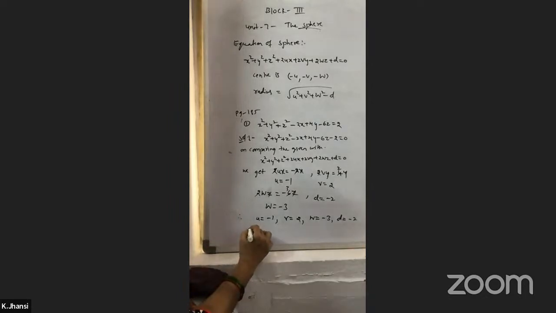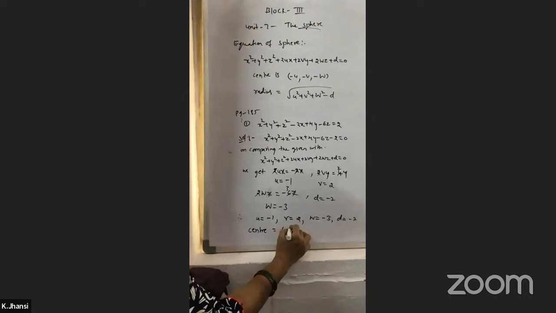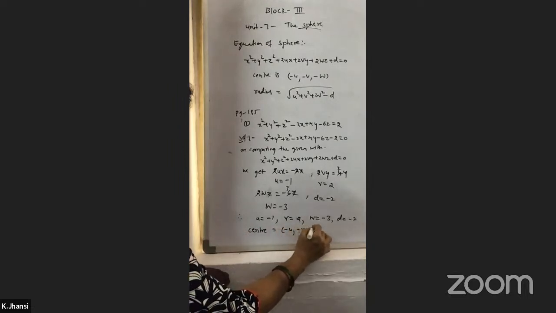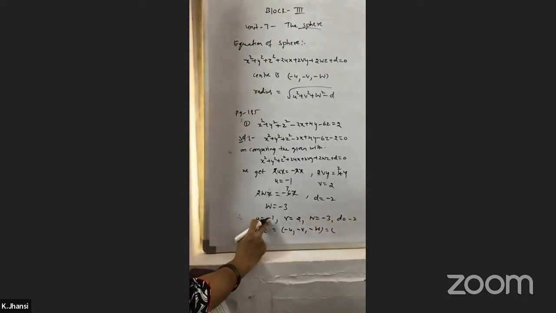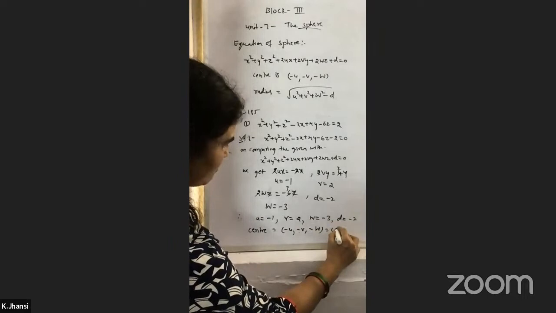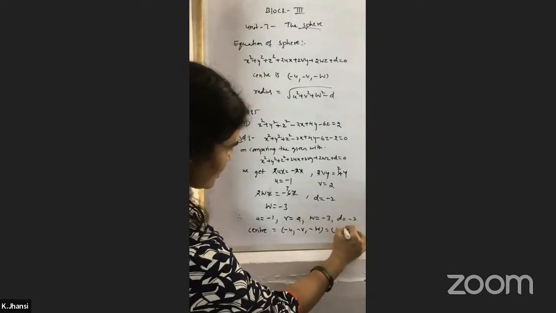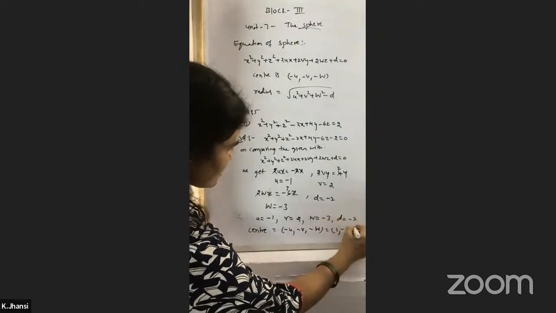So what is the center? He is asking for the center and radius. The center is equal to (minus u, minus v, minus w). u already has a minus, and minus of minus becomes plus, so it is 1. Then minus 2, and here also a minus is there, so it is 3. So (1, minus 2, 3) is the center of the given sphere.